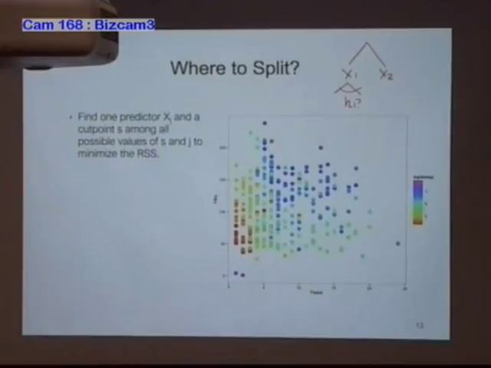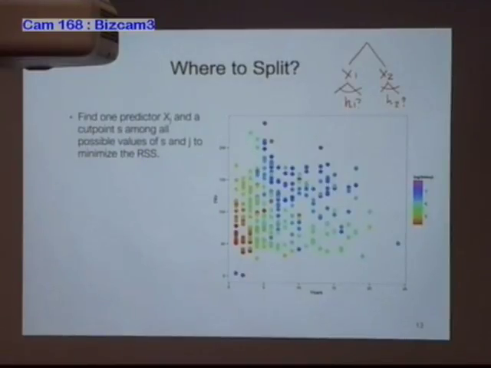If I want to cut along this number of years, what should be the threshold? There are an infinite number of points I can choose. Or if I choose along x2, what should be the threshold? So I have an infinite number of candidates, and I need to choose the best one, such that after splitting, I'm minimizing the resulting error.